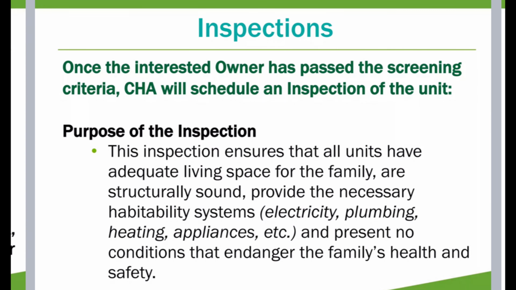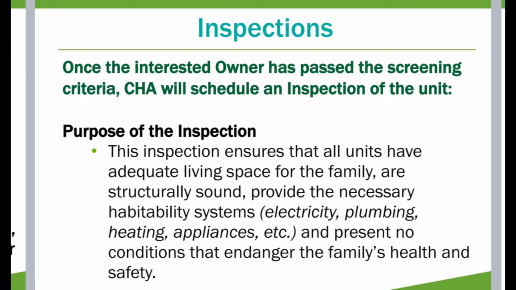Once that is completed, then they'll do a background check on yourself to make sure you're eligible and not a red flag to rent to tenants. And they'll also do a background check on the property. After they do that, if you pass that, then they'll do an inspection of the home that you want to rent to the Section 8 tenant.